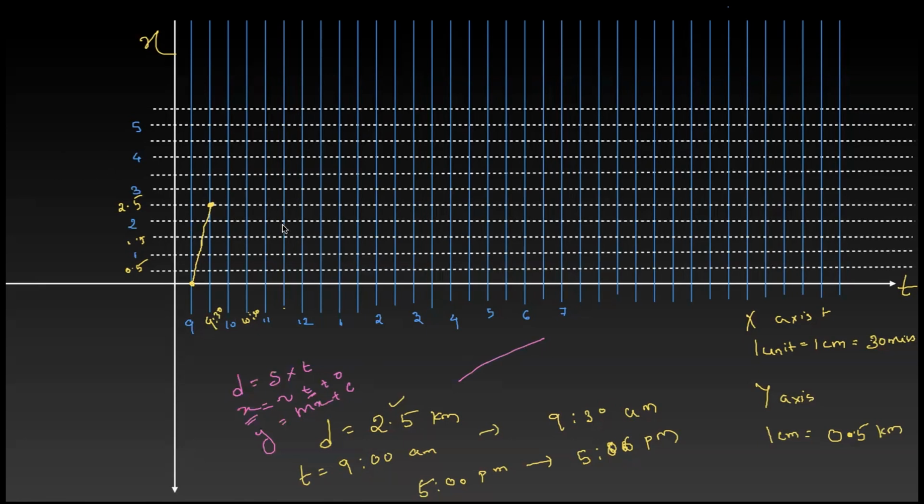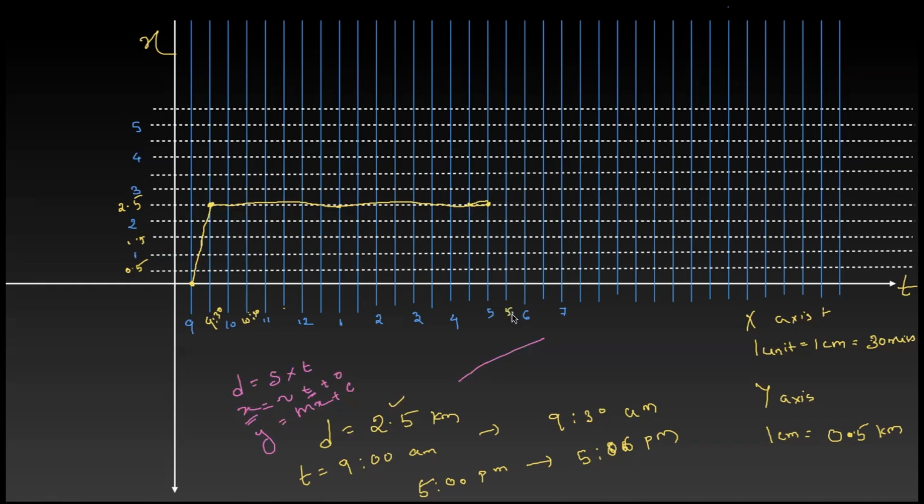Then, from 9:30 onwards till 5 o'clock, she remains in the office, so the graph is flat like this. Now from 5 p.m. she reaches home at 5:06.